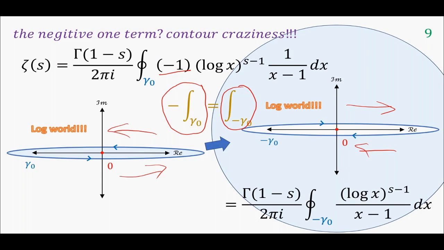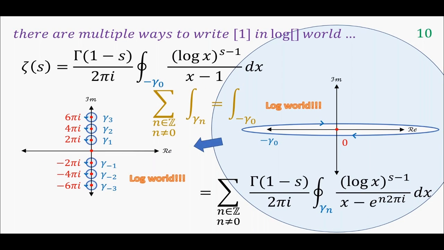Because now we're not looking at the origin anymore, or the real number line. We're looking at everything besides that. So this is how it simplifies. We just got rid of the negative 1, but we've changed the direction of the contour. So just note that.